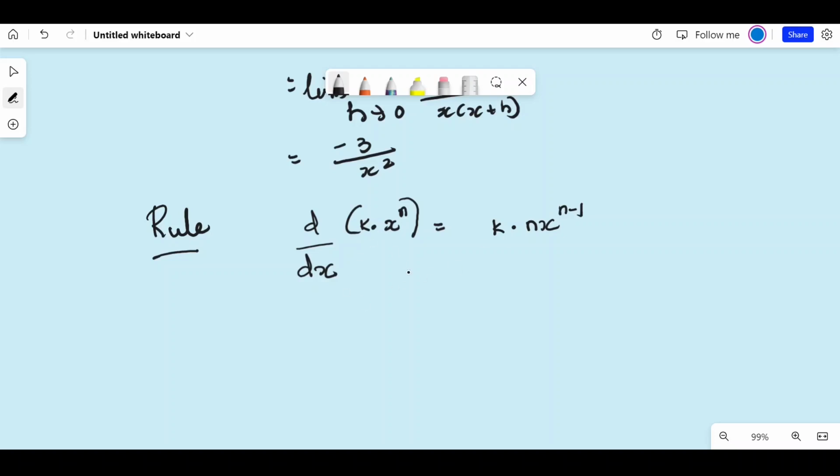That is a rule of differentiation. So the k represents a constant, k will remain as k, then for the x to the power n, the power becomes n x to the power n minus 1.